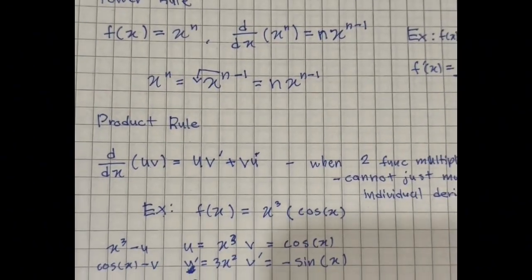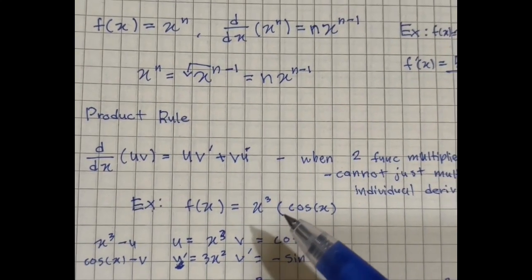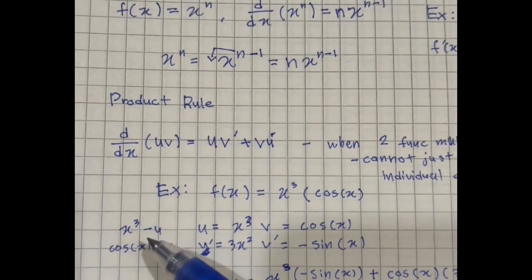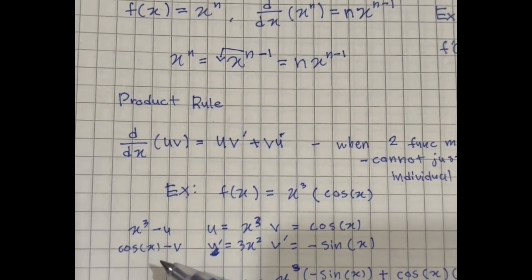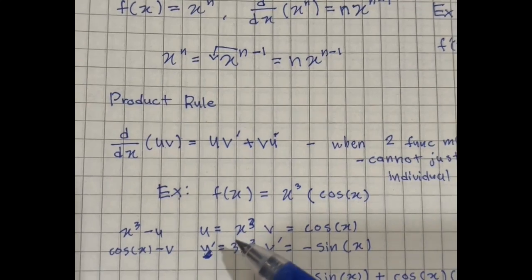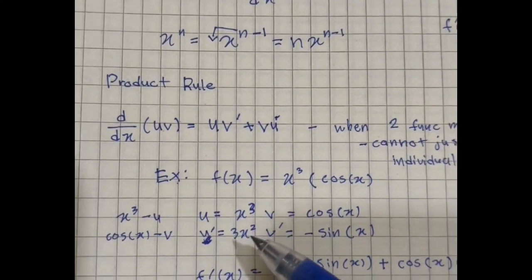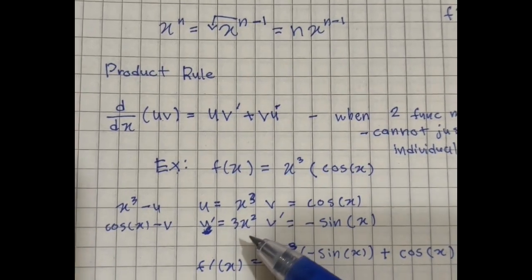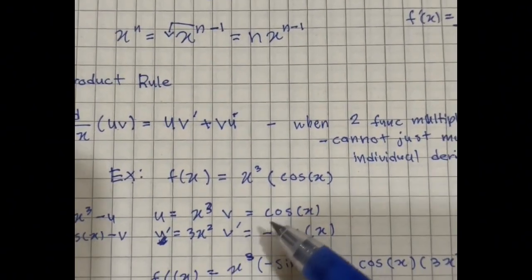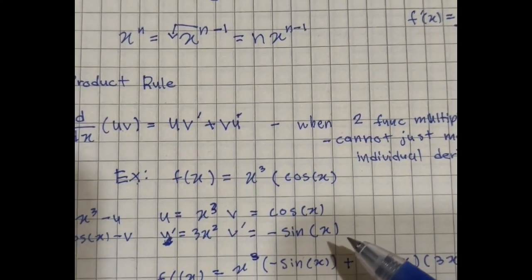For example, if f(x) equals x to the power of 3 times cos x, then x to the power of 3 is u and cos x is v. So u equals x to the power of 3, and u prime is 3x to the power of 2. For v, we have cos x and v prime is negative sine x.